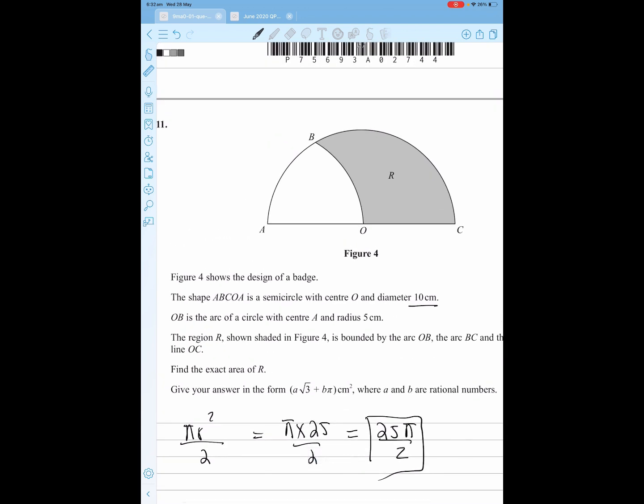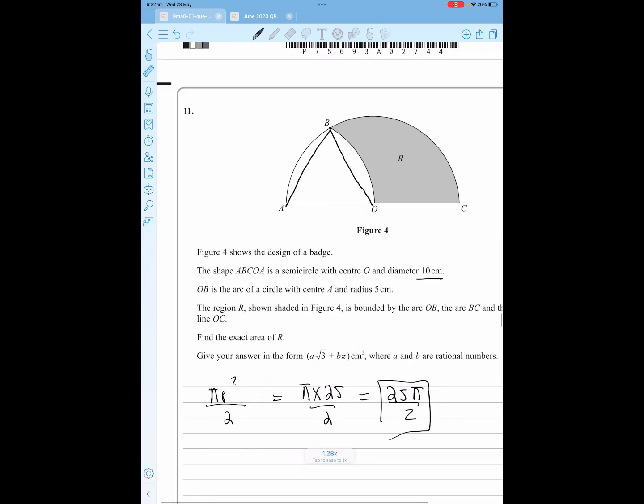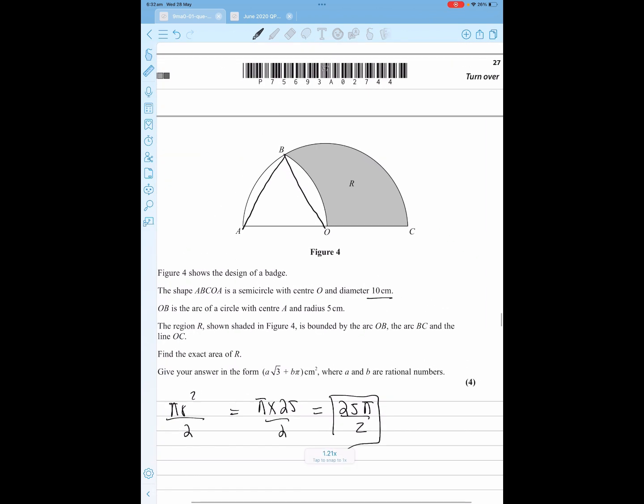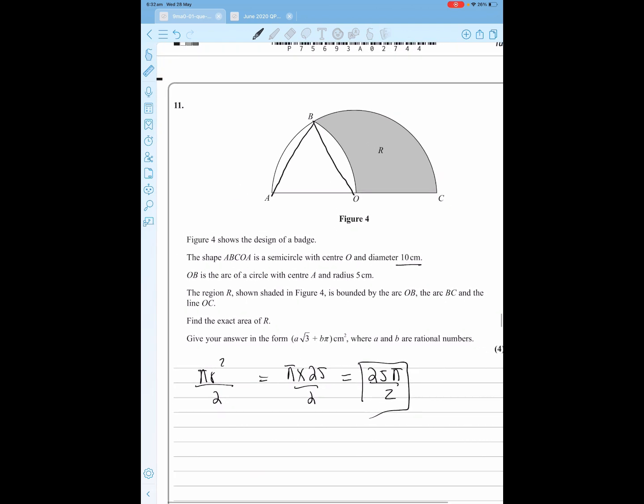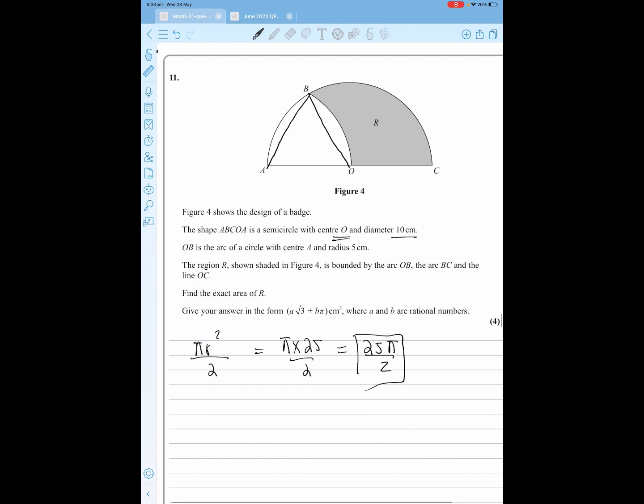So what I can do is split this like that and draw another line from O to get this triangle. Now the main thing to realize is that this is actually an equilateral triangle because we know that O is the center of a circle. And then we also know that A is the center of another circle where OB is the arc. So we know these three lengths are going to be equal.